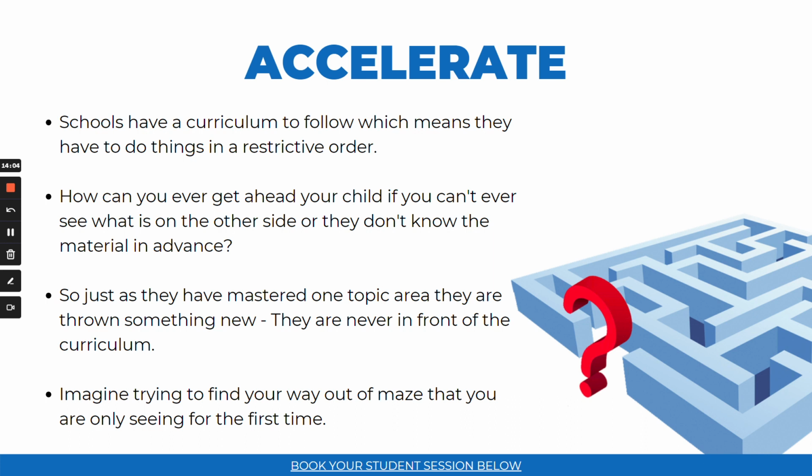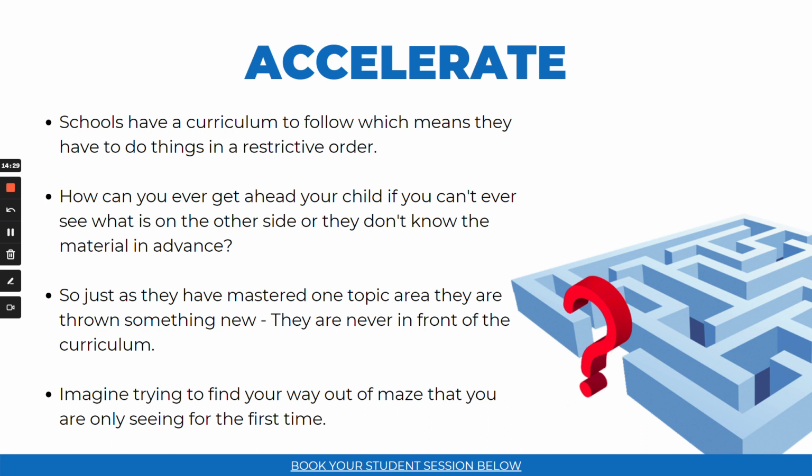Now, you're thinking, how can you ever get your child ahead if you can't see what is on the other side, or they don't know the material in advance, right? So this becomes a roadblock from them accelerating, getting advanced in their curriculum, in the knowledge that they are wanting to pursue, right? Just as they have mastered one topic area, they are thrown something new.